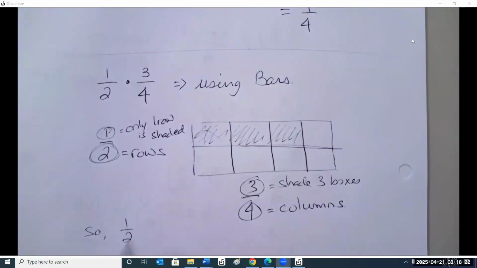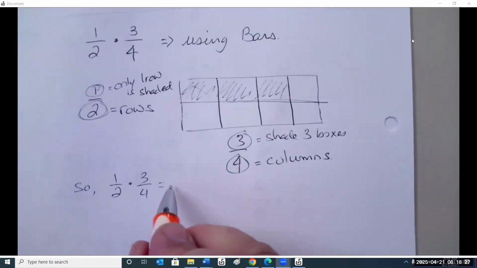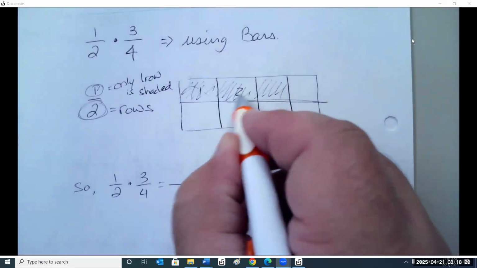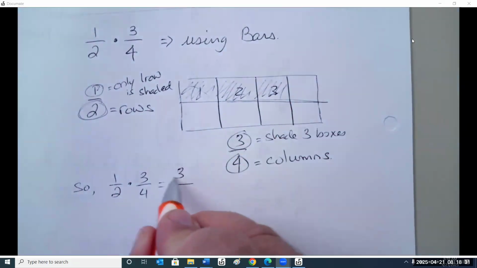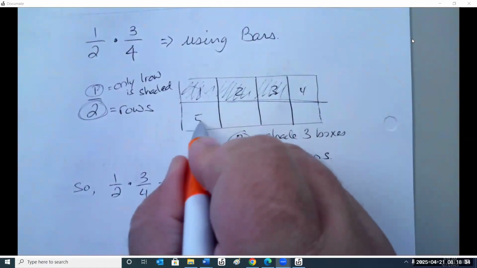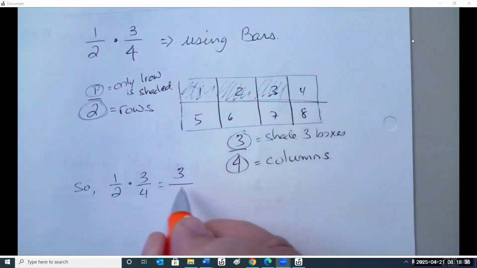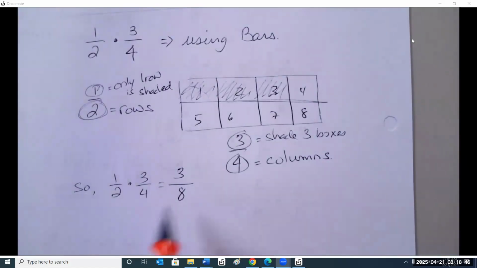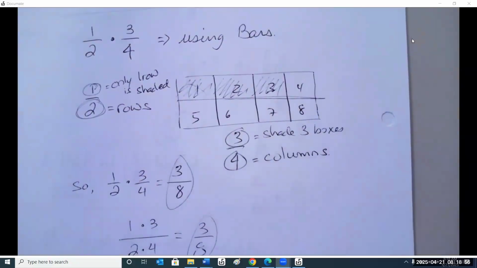So 1/2 times 3/4 equals 1, 2, 3, the 3 shaded ones out of 8 boxes. Which from there, now we can go to the formula. 1 times 3, 2 times 4, same thing.